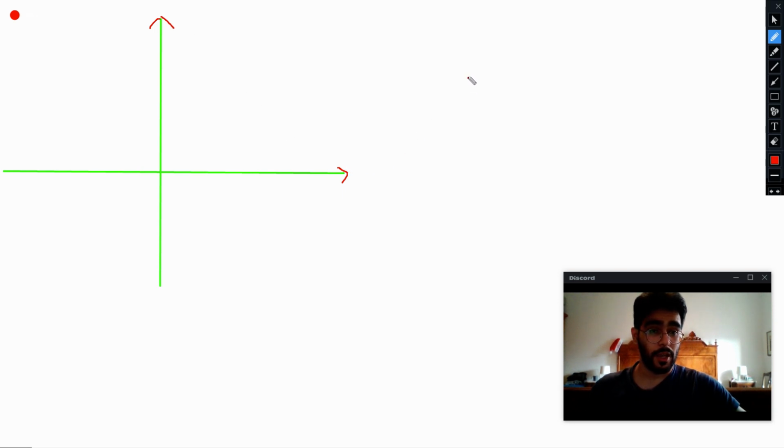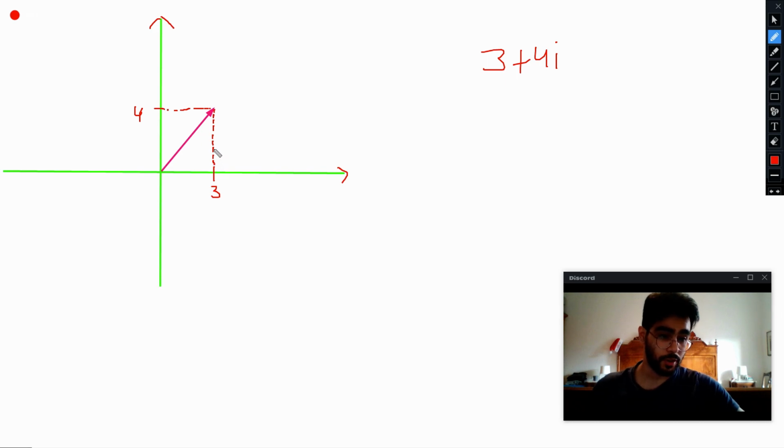Let's say, for example, you have 3 plus 4i. That means you have a 3 here and the 4 here, and you have your complex number from here to here, this point, which is the intersection of these 2 coordinates, let's say. Your angle that you're looking for is this angle.